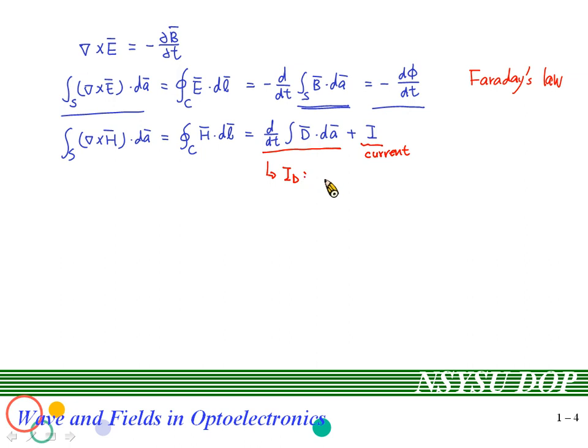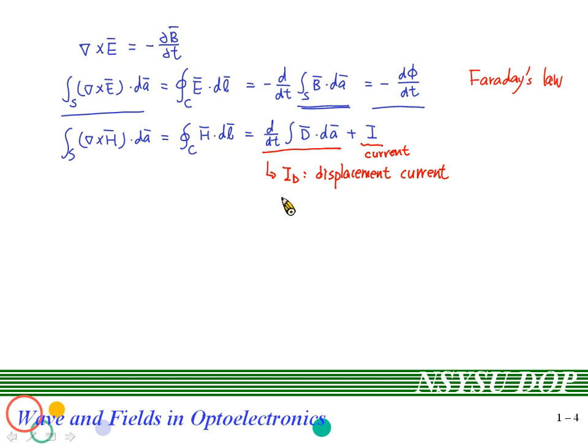This is the so-called displacement current. And we know that this component is the displacement current, and the displacement current comes from the integral of the current density.